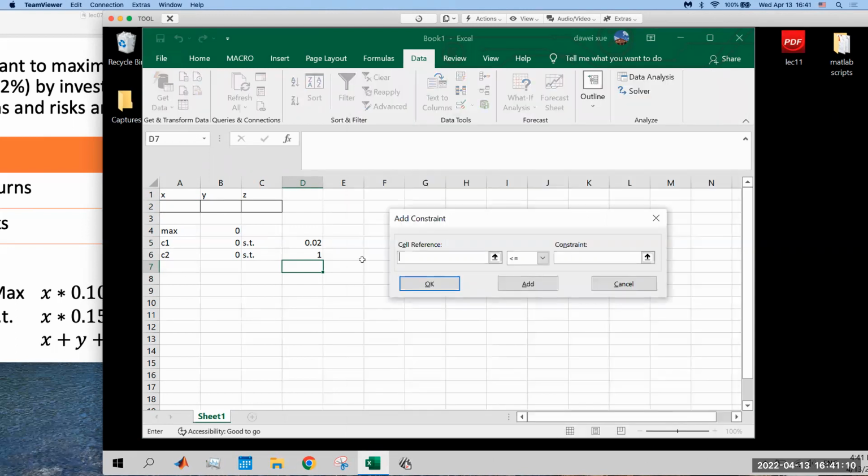So first, remember constraint 1, this cell represents the total risks, and we want the total risks to be less than or equal to this value, 0.2. Or in some cases, we can just put the value directly; both work.